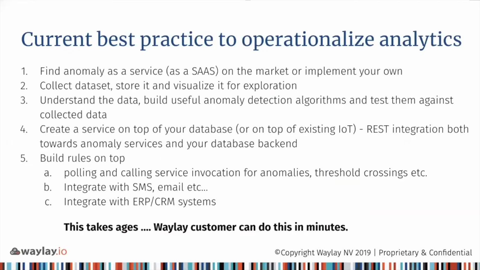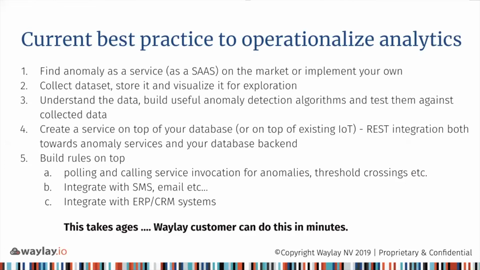Okay. So we've talked to various customers around this subject, and we saw a number of patterns and a number of challenges that they had in order to operationalize their ideas, their hypotheses, and their algorithms that they have built in order to analyze the historical data and the time series metrics.